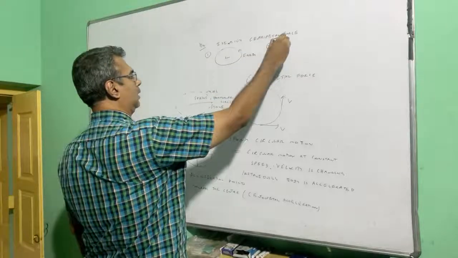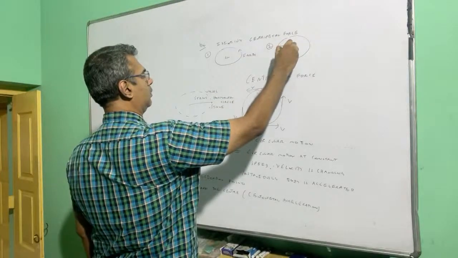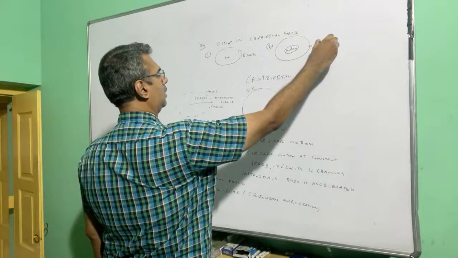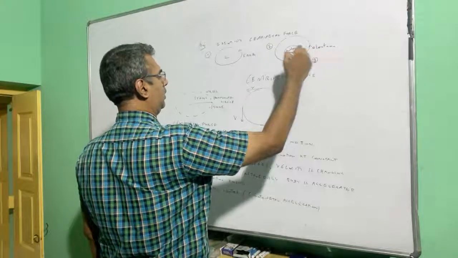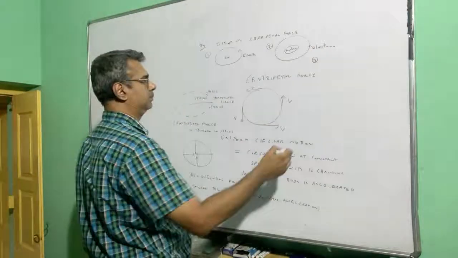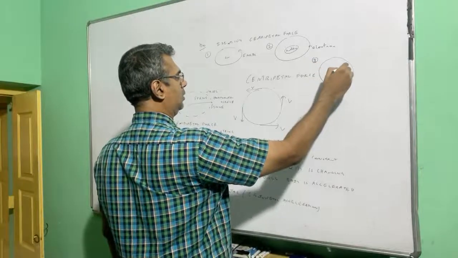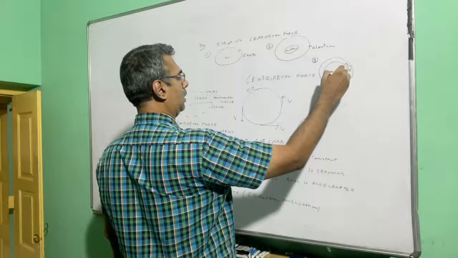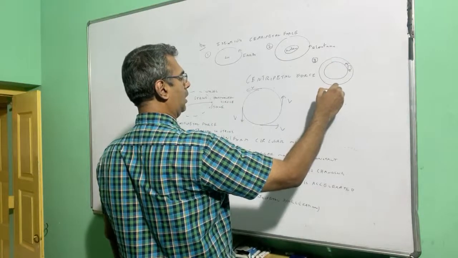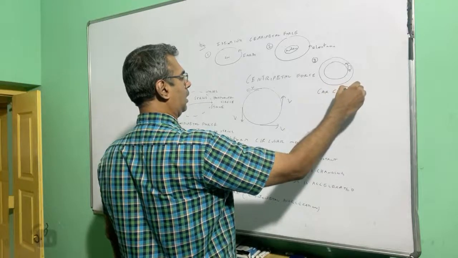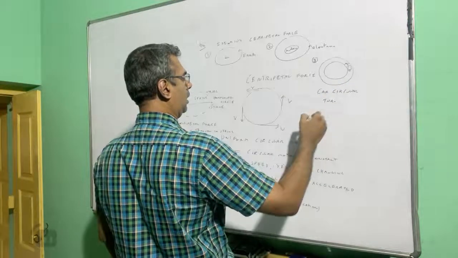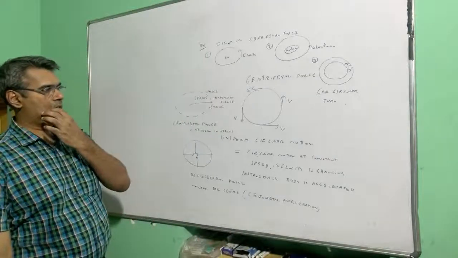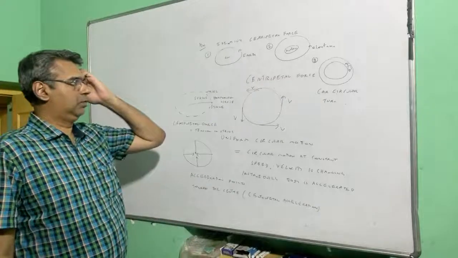Number two, you will have to identify the centripetal force when an electron is going around the nucleus of an atom. And number three, you will have to identify the centripetal force when a vehicle or automobile is taking a circular turn.